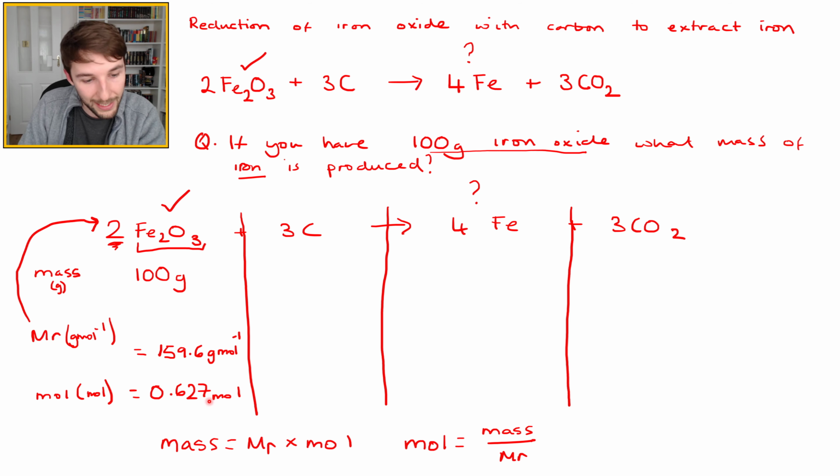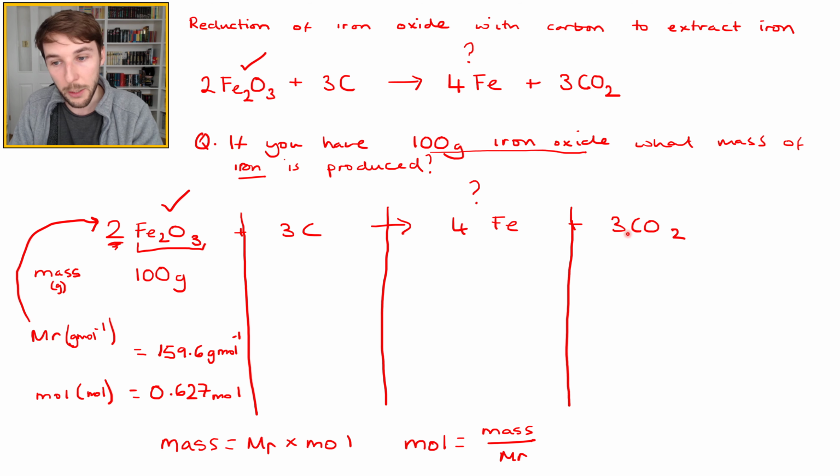So if this number was 1 here, it would be 1.5 here, it would be 2 here, and it would be 1.5 here. So the mole row going across like this has to follow the same ratio that you see via the coefficients in the equation. So we reserve those coefficients for setting the ratio of the mole values in this row here. But I haven't got a nice integer here, whole number.